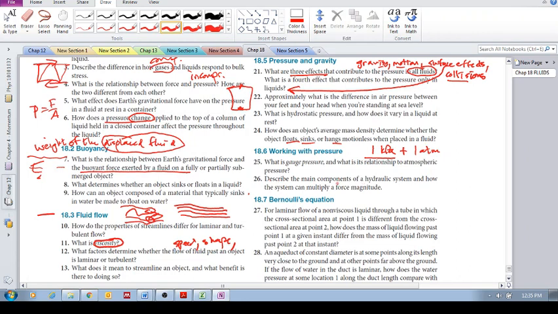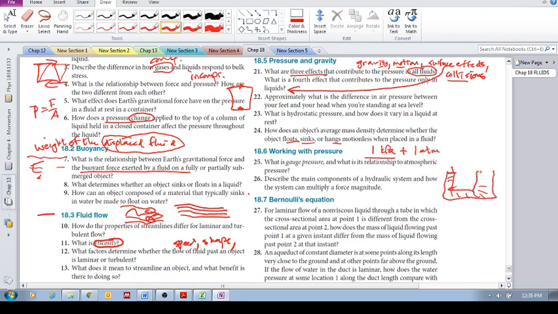26. Describe the main components of a hydraulic system and how the system can multiply a force magnitude. Okay, so the basic idea is you've got a system and it's filled with a fluid. And you have a piston here, oh dear, I just erased everything.